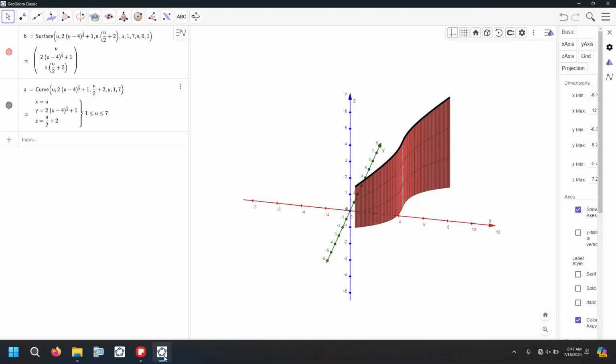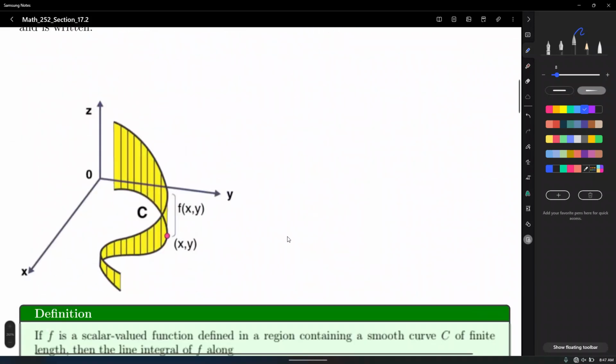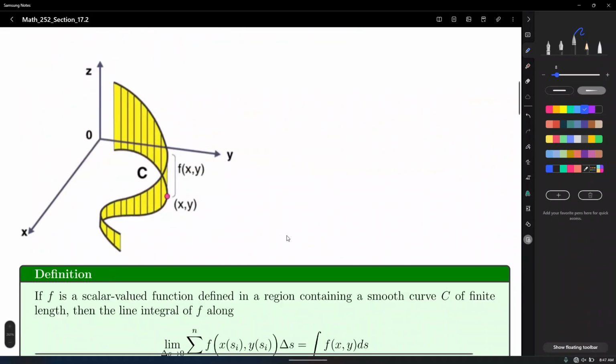All right. Well, let's have a look. Let's go back to the notes here, and we have another representation of what the scalar line integral is about. In a similar way, we partition a plane region, a curve, into infinitely many rectangles.